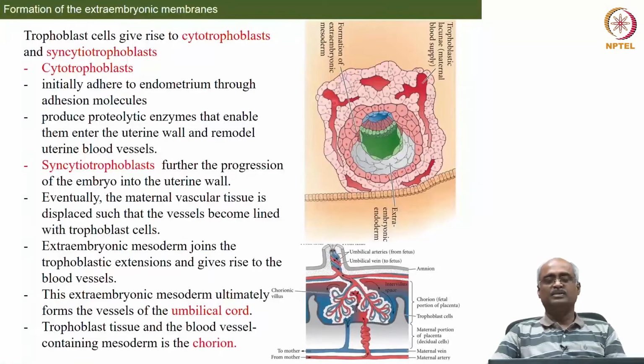And these are the ones that end up setting up the actual connection. So they form the chorion of the placenta.